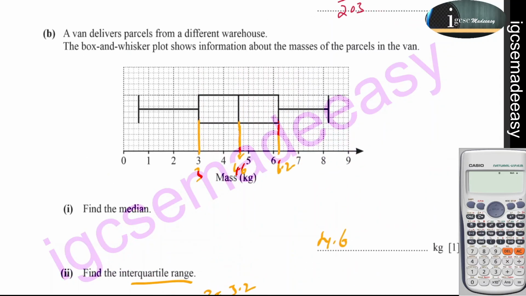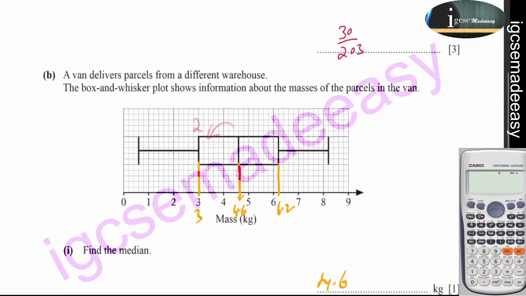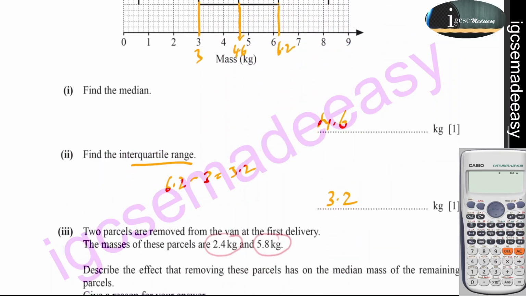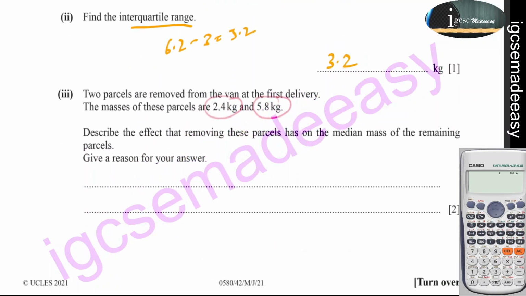One mass, 2.4 kg, comes before the median, and one mass, 5.8 kg, is after the median. So we can say that the median remains the same, right?